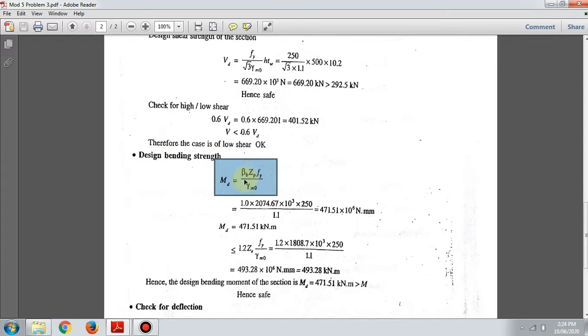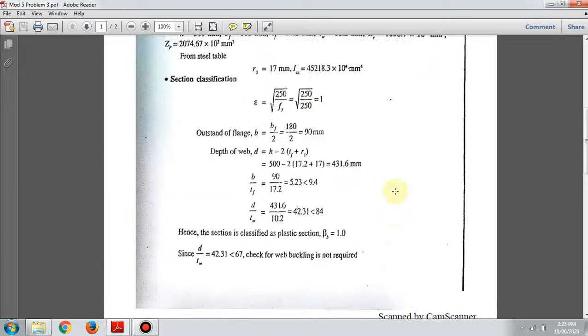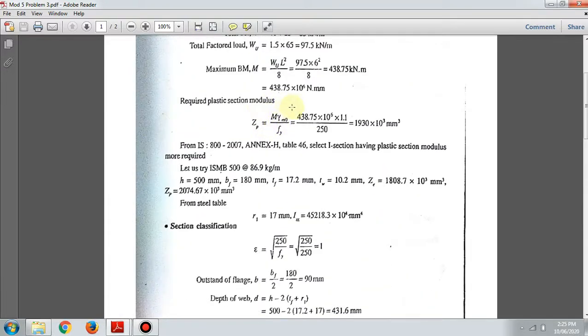Next important thing is we have to find the plastic section modulus, Zp. Zp is given by moment times gamma m0 by Fy. Actually, this formula for Zp we got from the first formula, the moment of resistance formula, which we have modified, with beta b assuming the section as plastic.